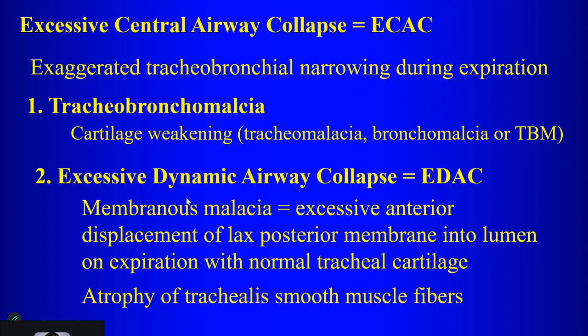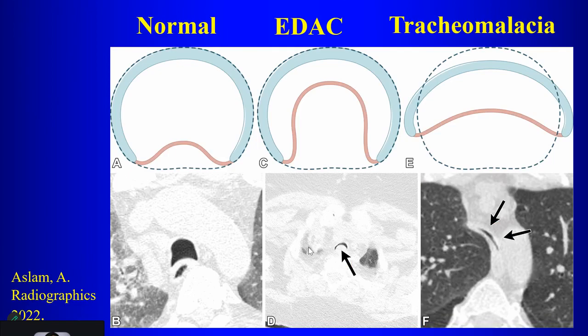Or it might be excessive dynamic airway collapse, which just involves the anterior displacement of the posterior membrane. So it's not really the cartilage of the trachea, it's the posterior membrane that abnormally moves too far forward during expiration. All right. So the normal trachea should look like that in expiration.